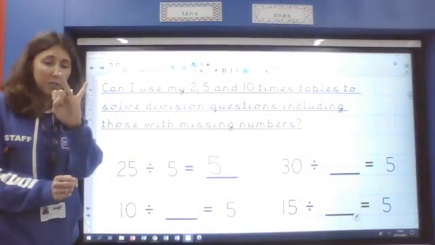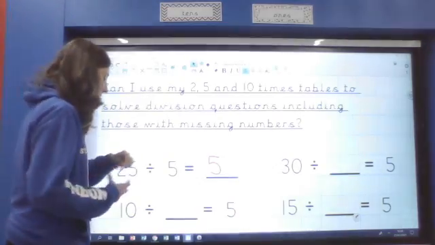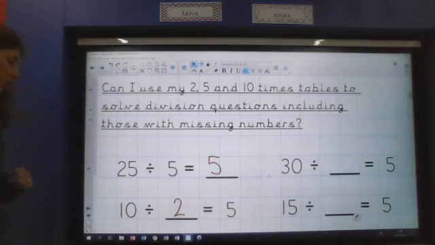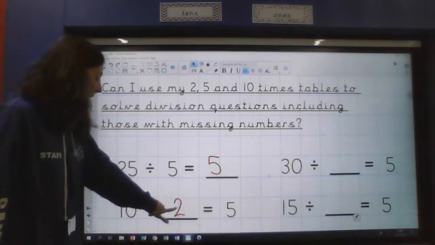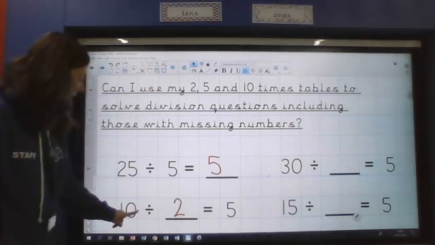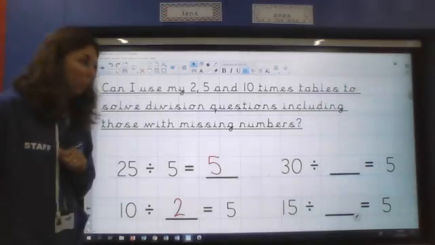What number am I going to write on my missing space? 2, aren't I? I needed to count in 5s 2 times to get to 10. Just the same as if I counted in 2s, I would count in 2s 5 times to get to 10. Those numbers can change around.